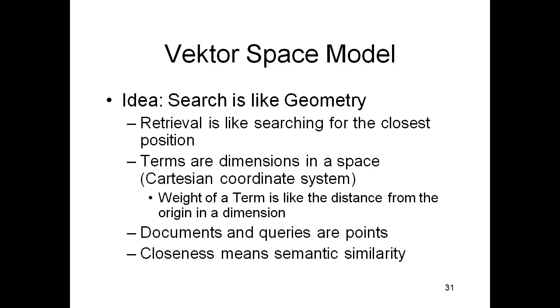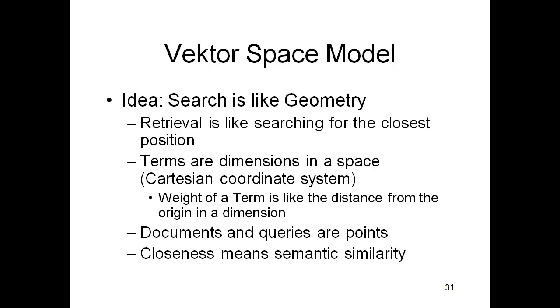That's somewhere in the back of our minds. And now how do we find the data point? So closeness means semantic similarity. That is the idea. If it's close, the user will find it interesting for his query.